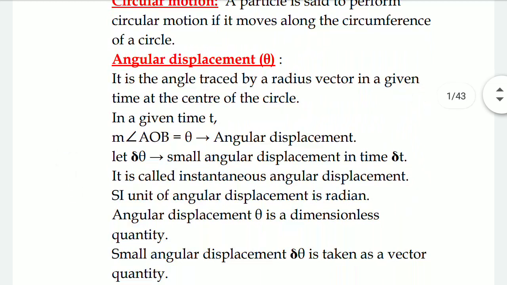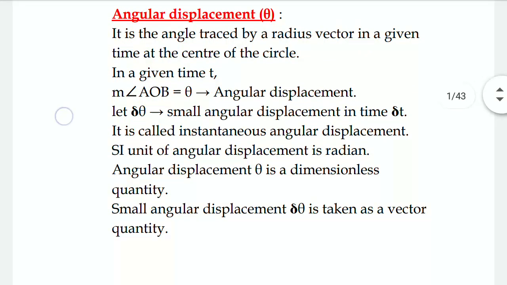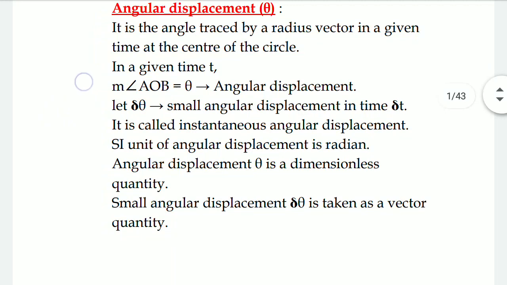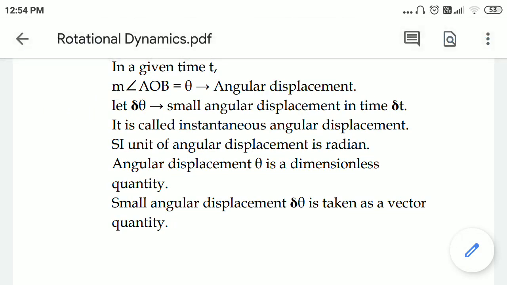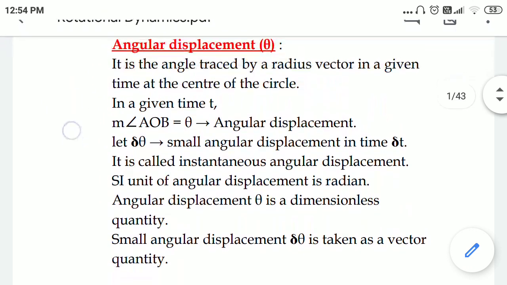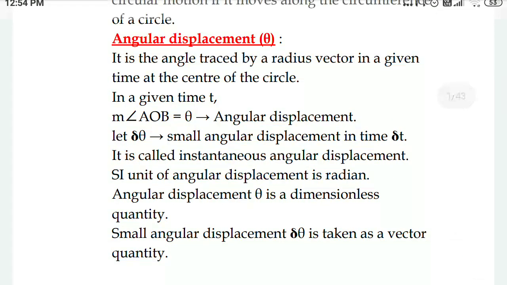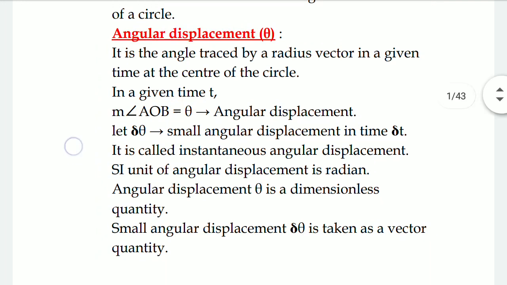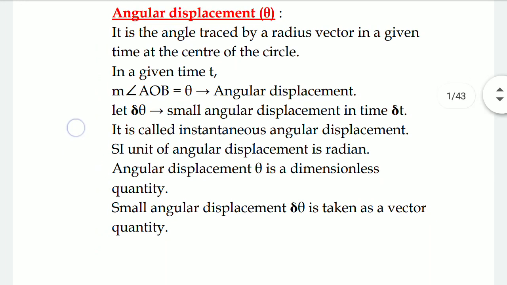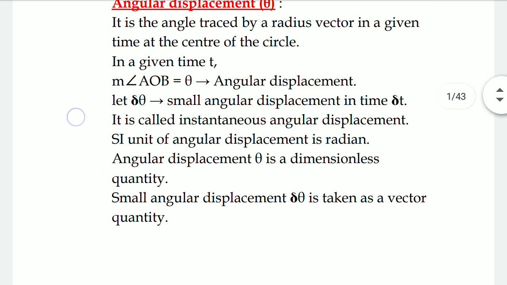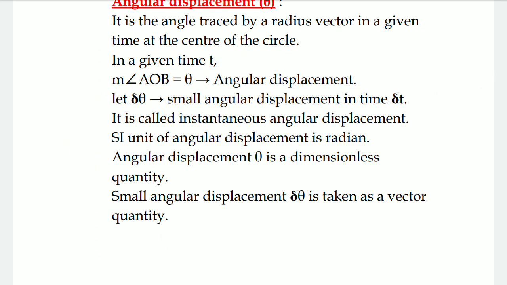Now in this figure, we understand that in time t, measure of angle AOB equal to theta is called its angular displacement. If I allow a very small time delta t, and in that time delta t, delta theta is a very small angular displacement, then delta theta would be called the instantaneous angular displacement at that given instant of time.